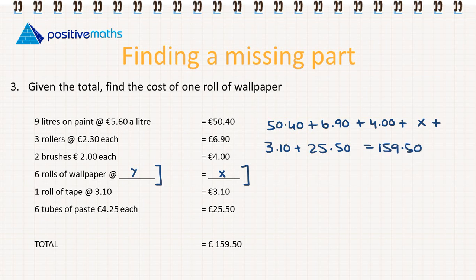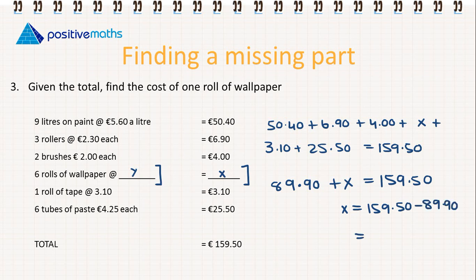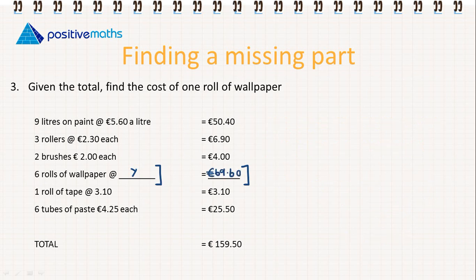We're writing this out like an equation, and we have 1 missing variable, which is X. We're going to add together all the ones that we can, and we get 89.90 plus X equals 159.50. Now we're going to solve for X. So X is equal to 159.50 minus 89.90.